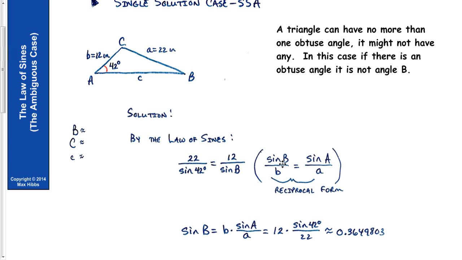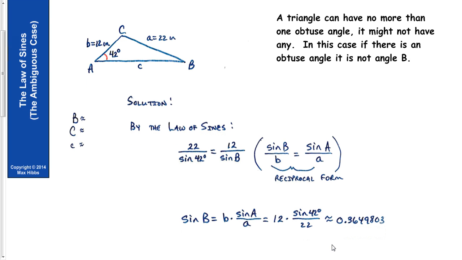So sine of B is equal to B times this fraction, sine of A over A. And the significance, again, is I know that side B is 12 inches, and I know angle A is 42 degrees, and I know side A is 22 inches.